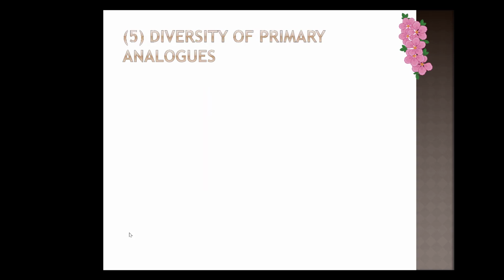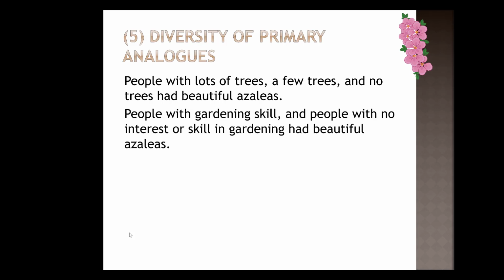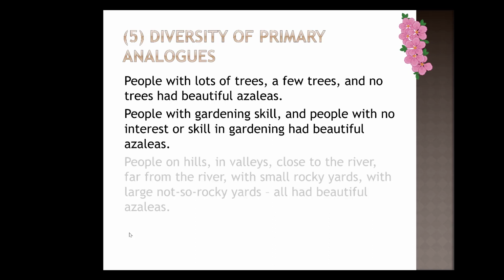Once you have a lot of primary analogs, then you look at the diversity of primary analogs. If the different houses with azaleas are different from each other, that strengthens the argument quite a bit. So, people with lots of trees, a few trees, and no trees all had beautiful azaleas. People who had gardening skills and people who had no interest or skill in gardening at all also had beautiful azaleas.